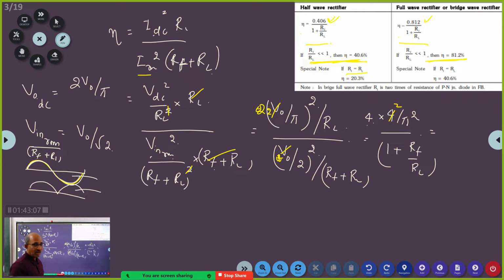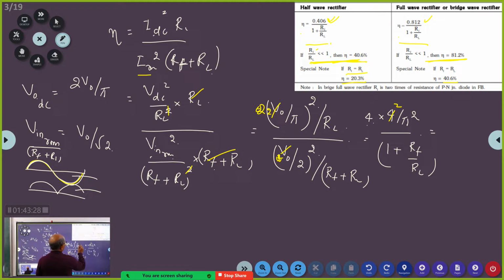But here only 50% energy will be transferred. The remaining 50% will be dissipated in the circuit itself. So here, if RF is equal to RL, then the efficiency is only 20%. And here, it will again become 50% of that, it is 40.6. Okay?